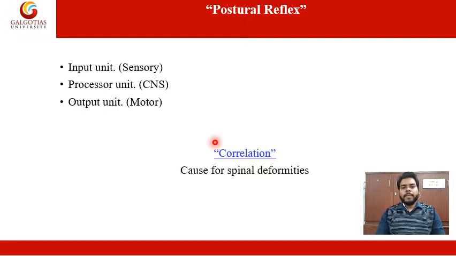First we sense it, there is a sensory touch of the mobile, then we process it, and the output, motor action, is picking up the mobile from the table. Motor means any working action. This has a correlation with spinal deformity, which causes spinal deformity.